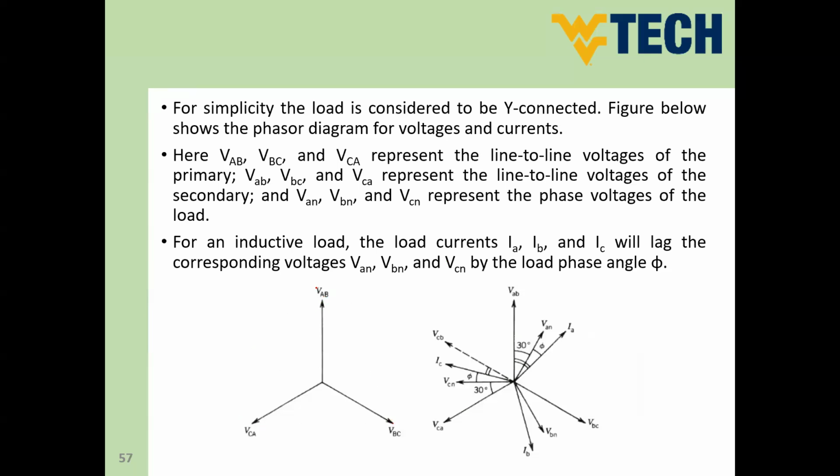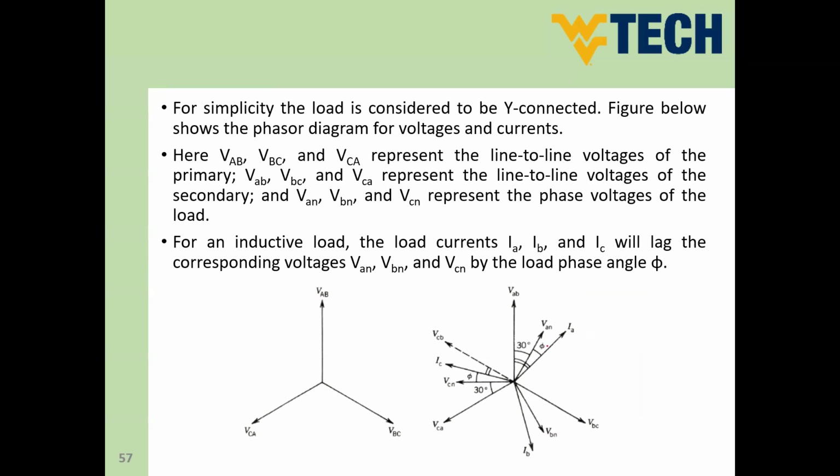These are the three line voltages, representing the line-to-line voltages of the primary side, and the equivalent line-to-line voltages for the secondary side are here as well, VAB, VBC, and VCA. For inductive loads, guys, the currents IA, IB, and IC will be lagging the corresponding voltages VAN, VBN, and VCN by the load phase angle phi.